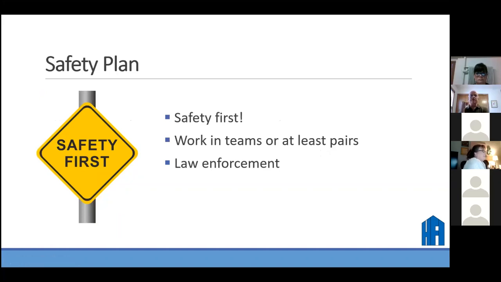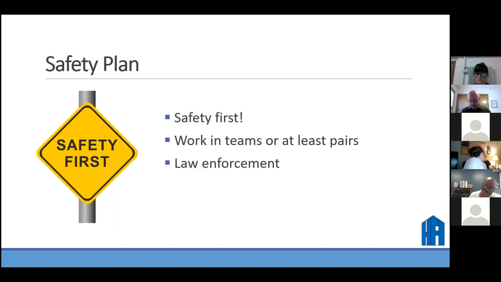So it is imperative to convey that you understand, and that any and all volunteers that you're working with understand, safety first. Nobody should ever put themselves in a situation where they don't feel safe. You want to develop a safety protocol that fits the situations of your community, and that's going to vary a lot from community to community.